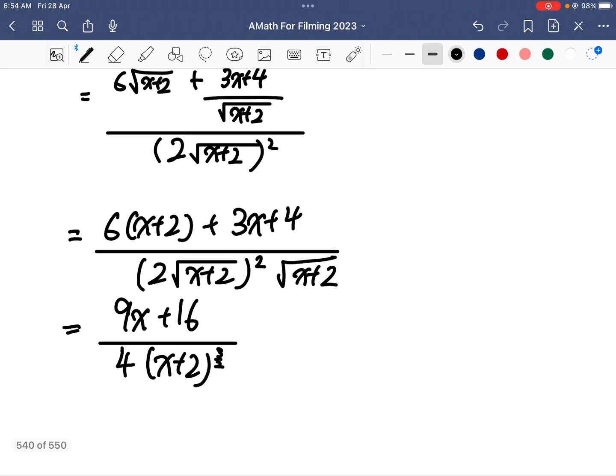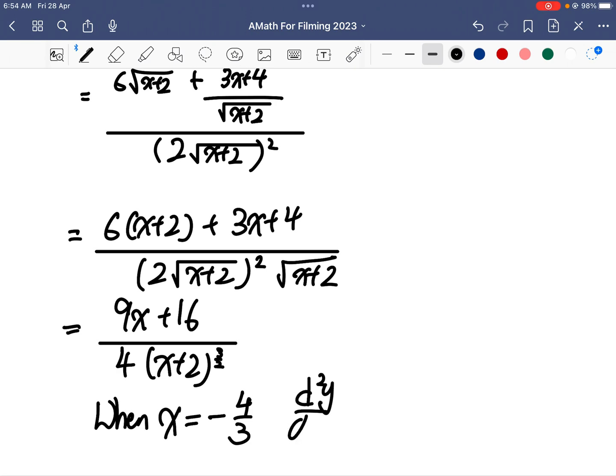Now when x equals -4 over 3, I substitute this value into the second differential. You press your calculator and you should get a value that is positive.